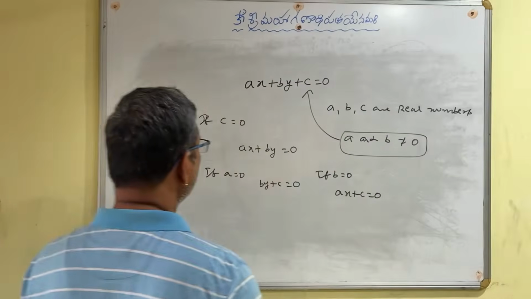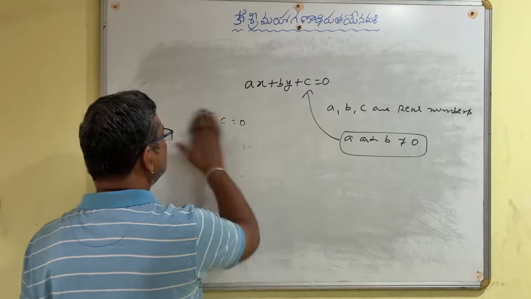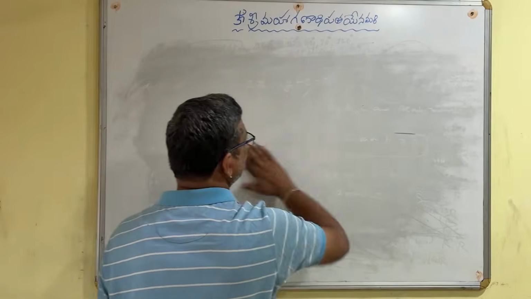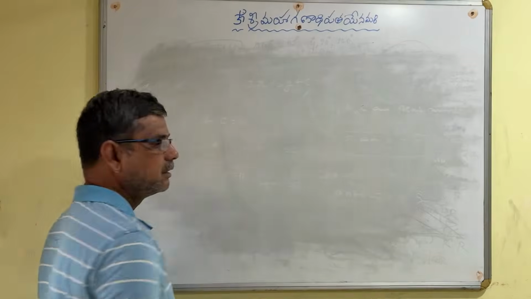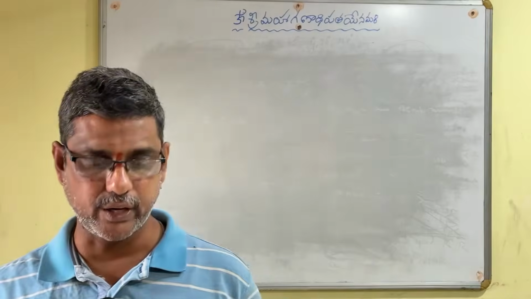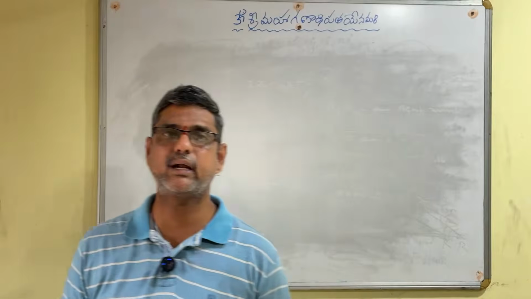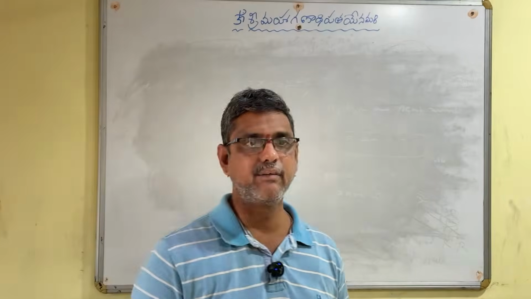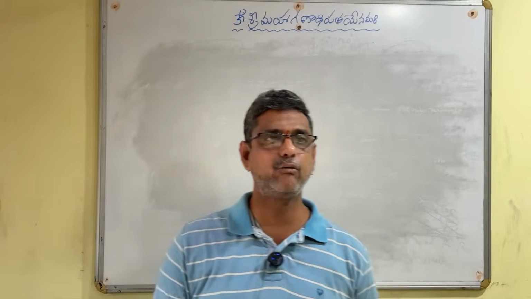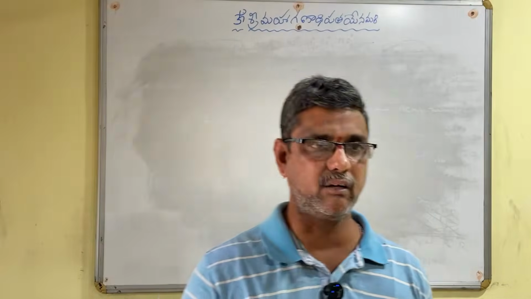So what are we going to learn in this chapter? I told you 3 points yesterday. One is forming a linear equation in two variables in different situations. When different situations are given to us, we need to form a linear equation in two variables and write it in the general form.